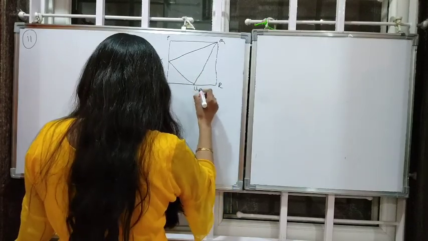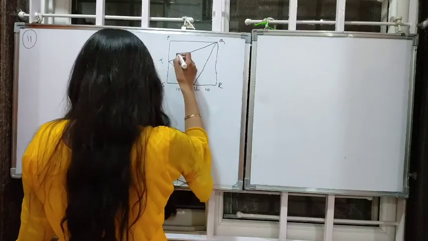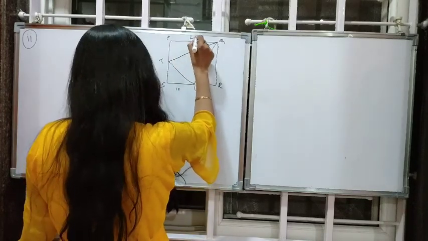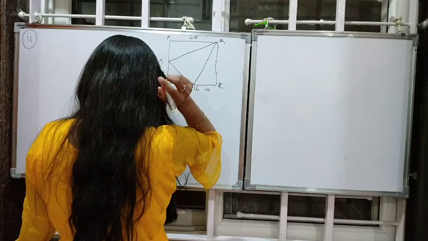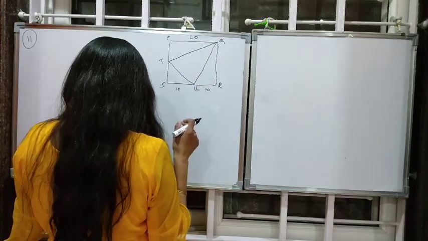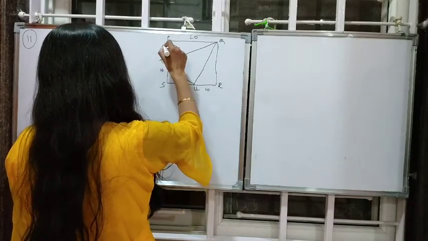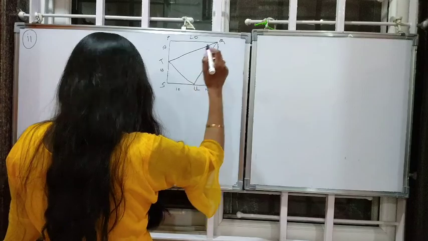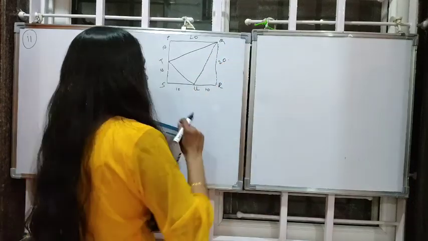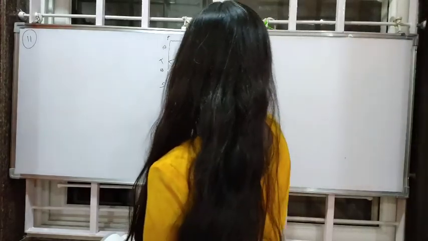T, U, this is 10, this is 10, this is 20. That will be 20 because 10 plus 10 gives us 20, and each side of a square is 20. So this is 10, so this will also be 10, and here this is 20. It is already given. Okay, this is the shaded portion.